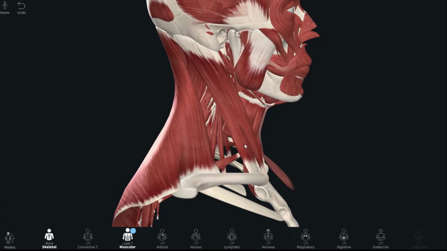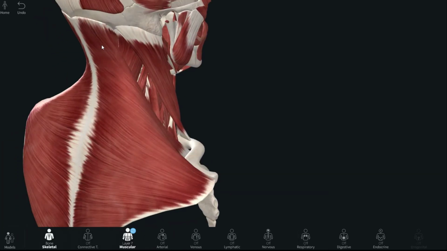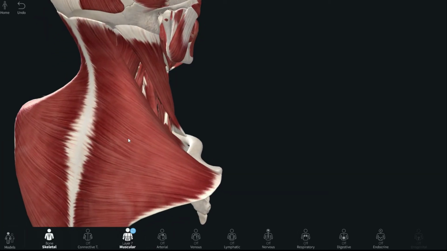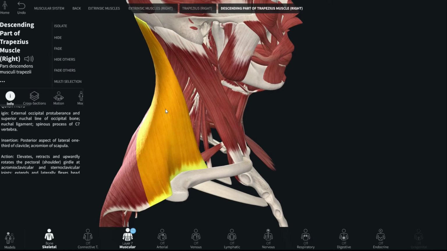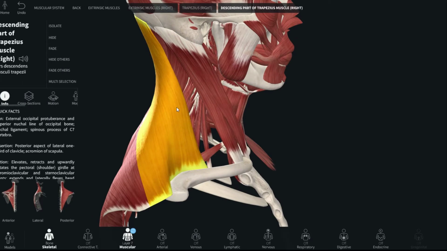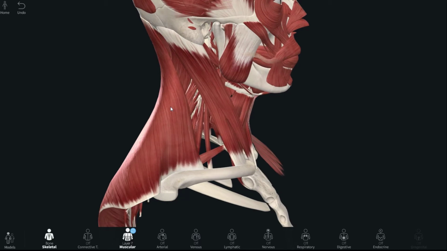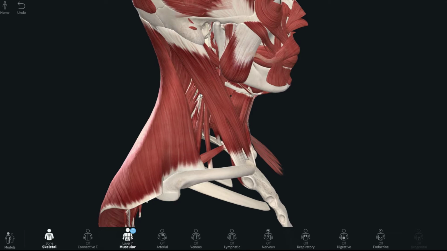So this is the sternocleidomastoid, and this huge muscle, which is so expanded posteriorly, is the trapezius muscle. So these are the two very important muscles which you must know for boundary demarcation of the neck. Now listen to me very carefully.